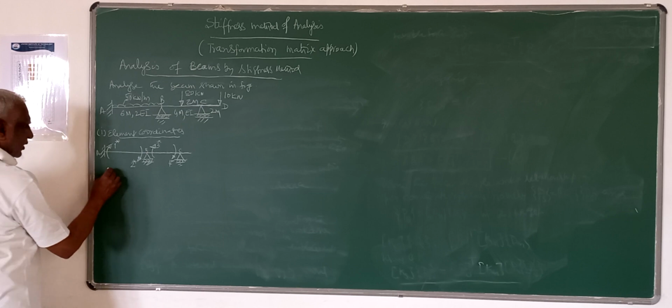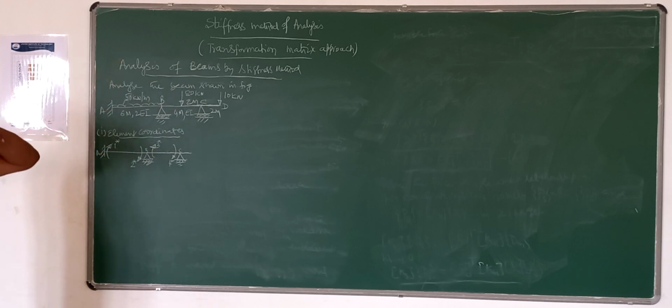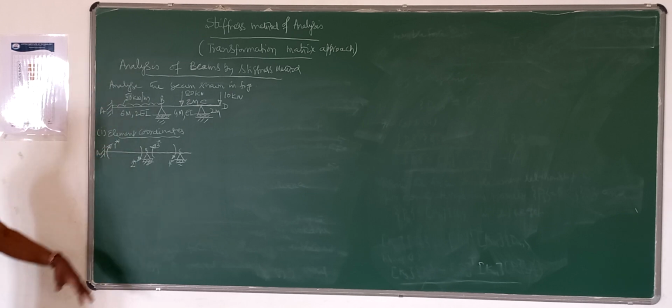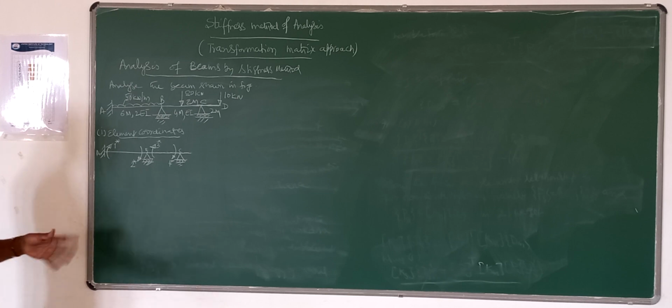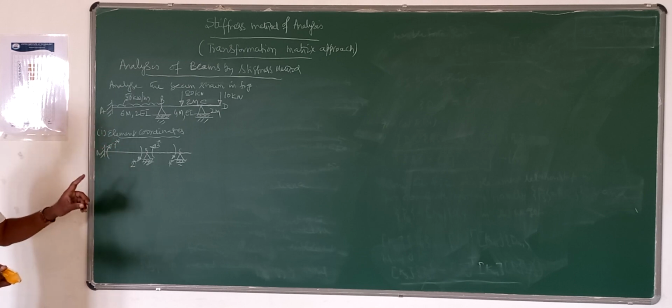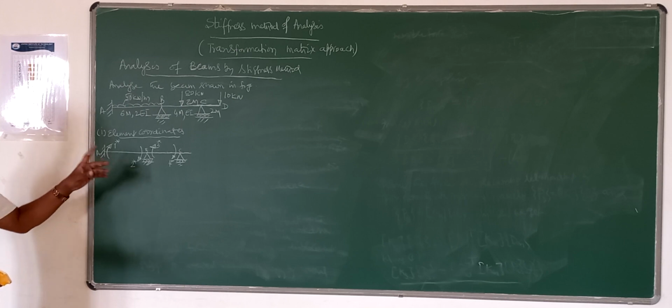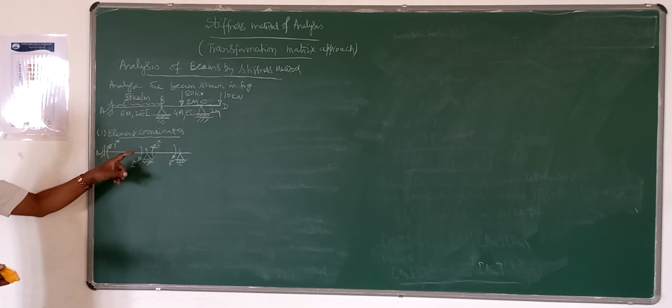So we call these element coordinates because analysis means determination of the internal member forces developed due to the given loading as well as the displacements. That is what we are supposed to evaluate during analysis. Now here in the first step we identify what are the internal forces which we have to determine during analysis, that is how we get the element coordinates.